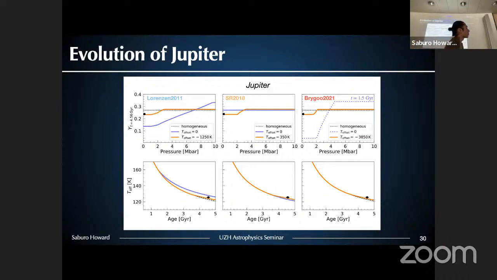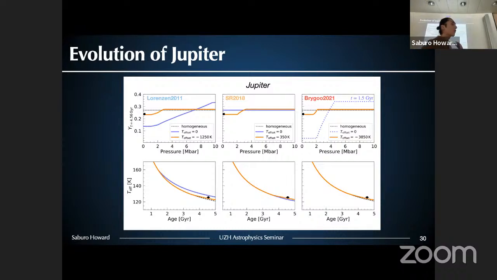The second one predicts that helium rain hasn't started because the blue curve is constant. And the third case, with the experimental phase diagram, is completely off because you see that after only 1.5 gigayears of evolution, the atmosphere of the planet is almost completely depleted in helium.